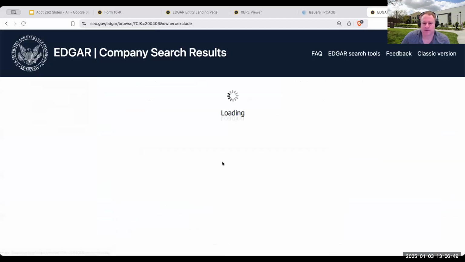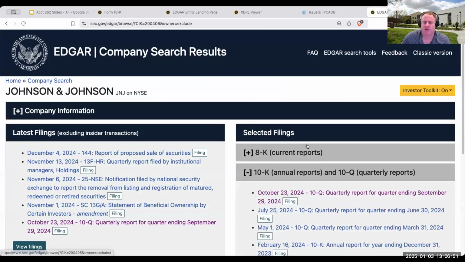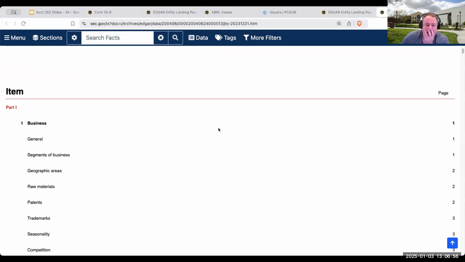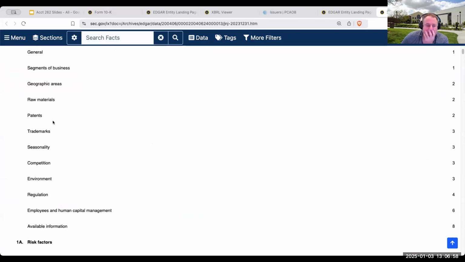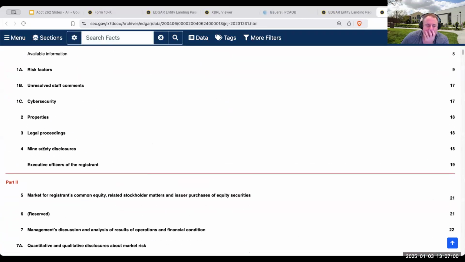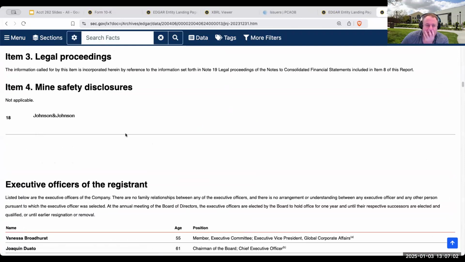Let's go to Johnson and Johnson and let's go to the 10K and let's go to item 3, legal proceedings. Okay, so note 19 in our notes to consolidated financial statements.